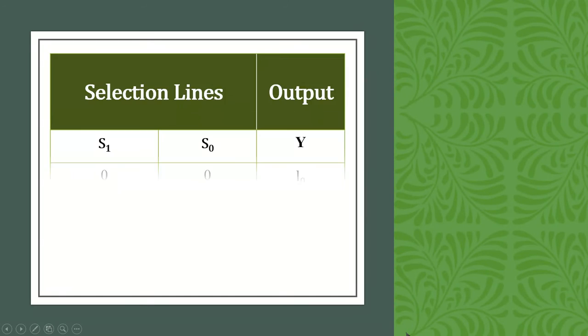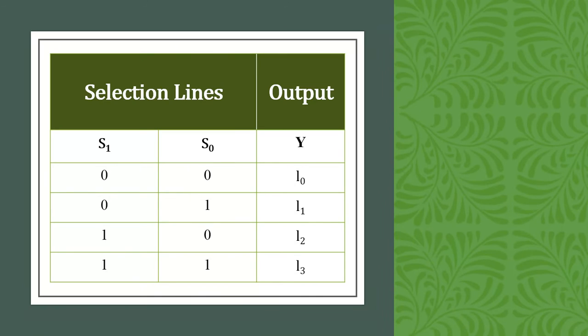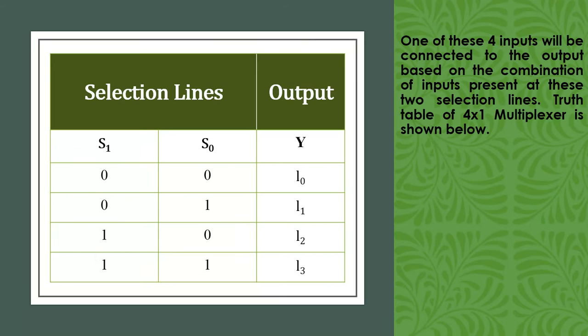The block diagram of the 4 into 1 multiplexer is shown here, and now we come to the next one, the truth table. S1 and S0 are the select lines, and the output is Y, with inputs I0, I1, I2 and I3. What happens is that one of these four inputs will be connected to the output based on the combination of input present at these two selection lines.